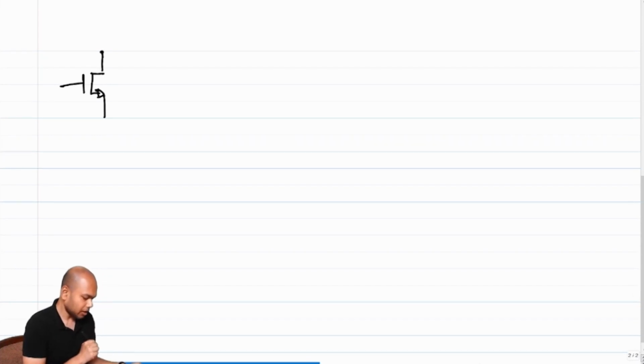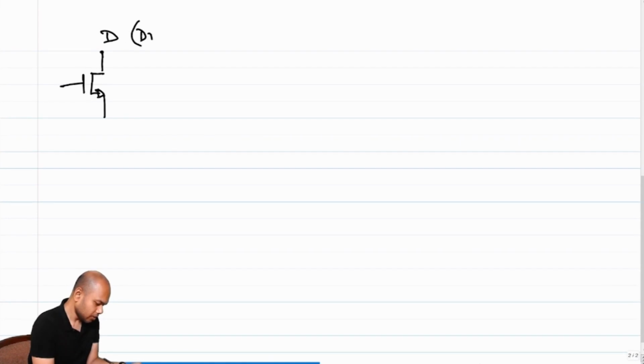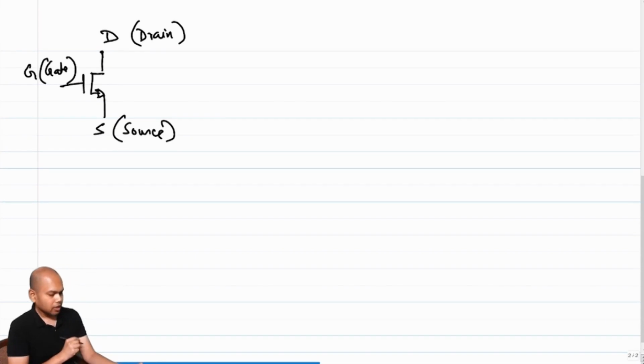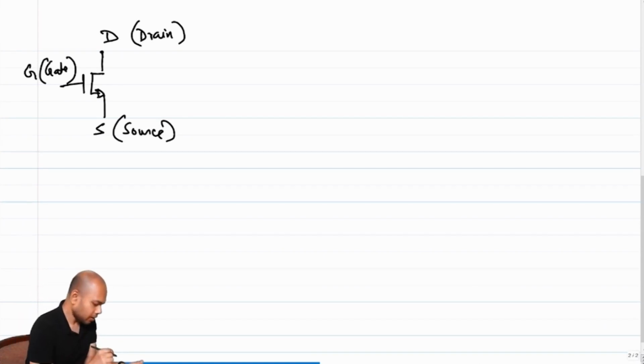So when I drew the MOSFET terminal like this, I call this a drain, I call this a source, and I call this a gate, right? On top of that, I marked an arrow at this terminal, right?